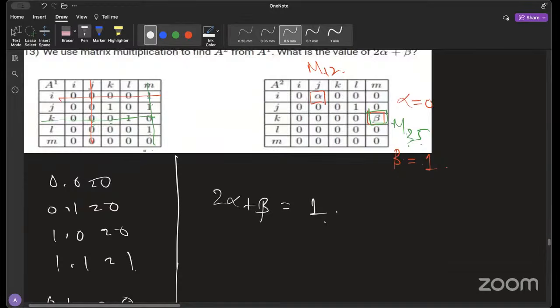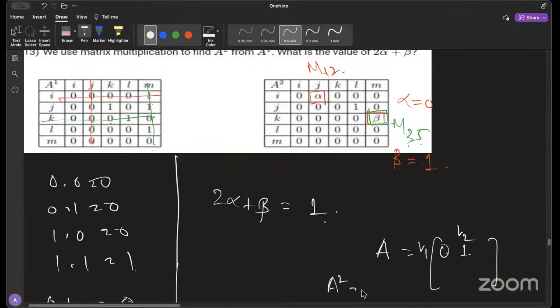Ma'am, will the values always be 0 and 1, or can they be other constants? When we multiply, what multiplication means is about paths. If you have a 1 here, that means from vertex 1 to vertex 2 there's an edge.